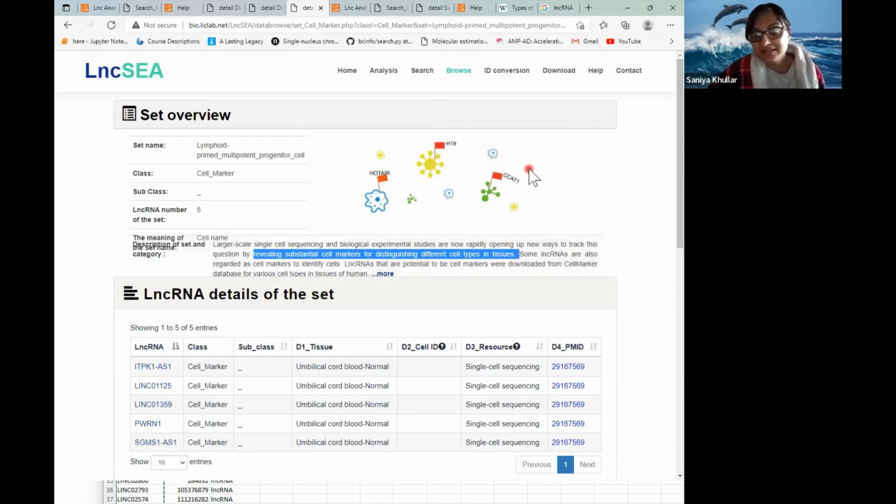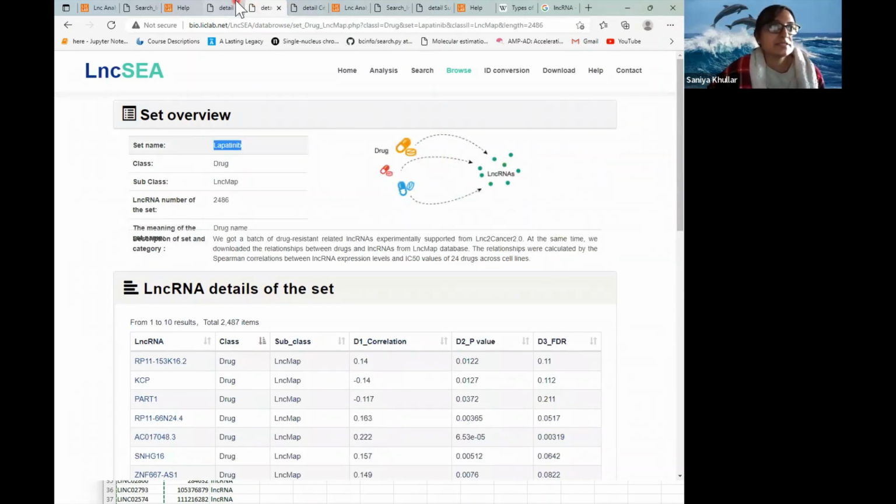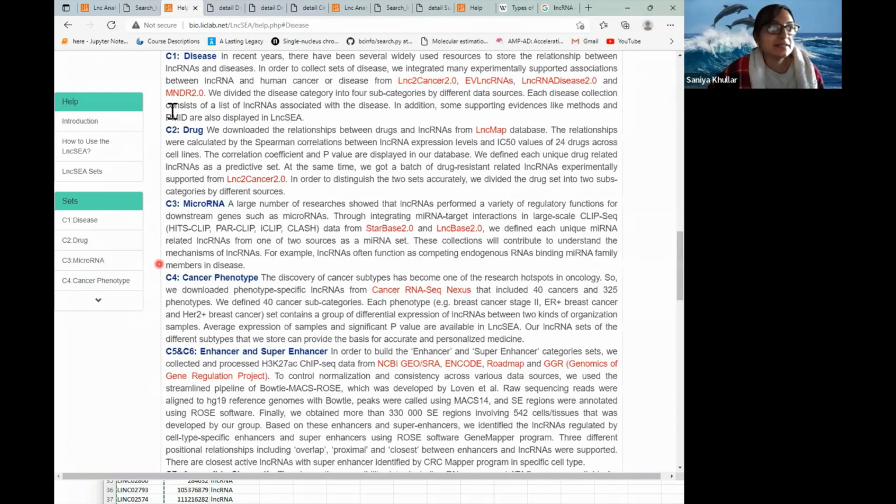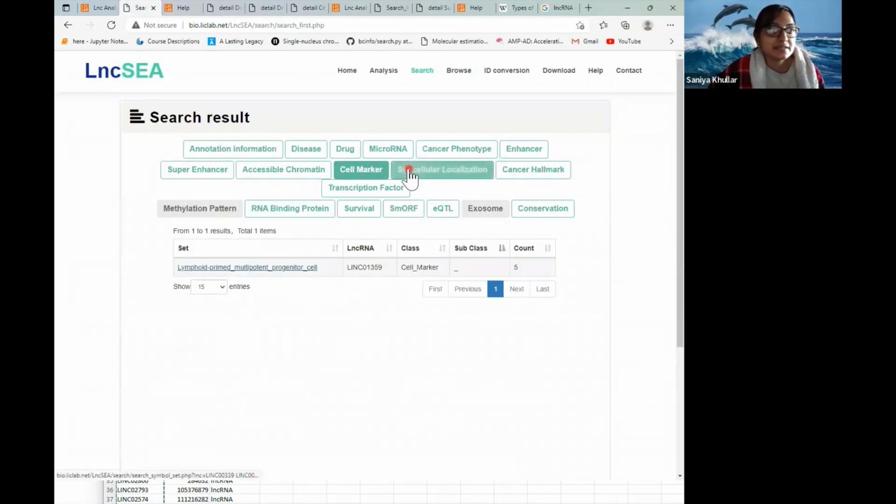So muscle cells, skin cells, so some of them could be very specific. So that's what clicking on these will give you more advice. So we just found this one just had 5 lincRNAs, and LINC01359 is one of those.